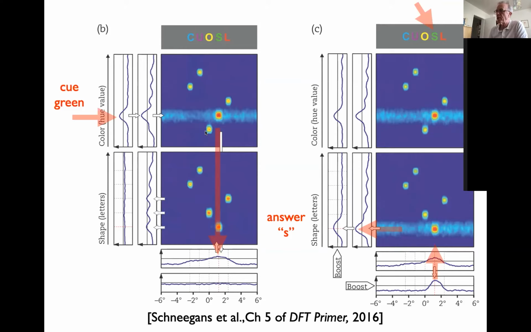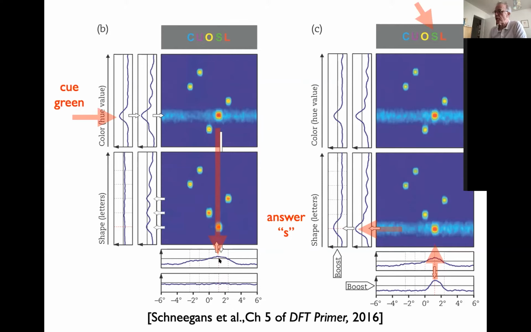So these little blobs are the 2D inputs into the system, and so knowing that you're looking for the green means you're putting some peak into your green field that gives a ridge input to this. The ridge input creates a peak at the matching location, and that is read out into a spatial representation.